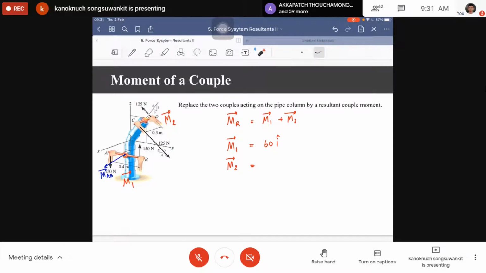Or make the force C or the force D into a Cartesian vector and cross with D, which you also have to write as a Cartesian vector, and then get the cross product. So for M2, the position vector must be DC and cross with the force FC. I use FC because it is directed along the positive direction.